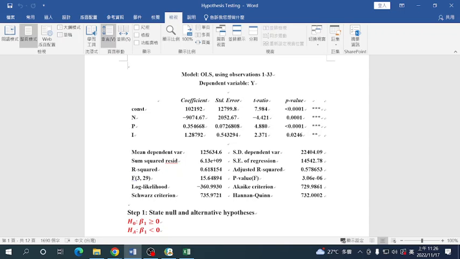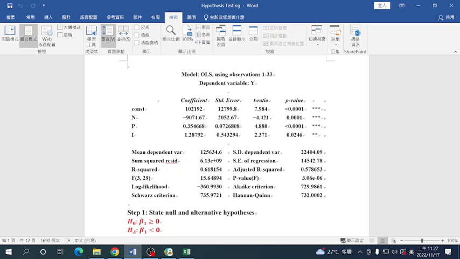So it means that if at least one beta is not equal to 0, then this model is useful, right? So we say that at least one beta j is not equal to 0, j equal to 1, 2, 3. This is what we say for the alternative hypothesis.